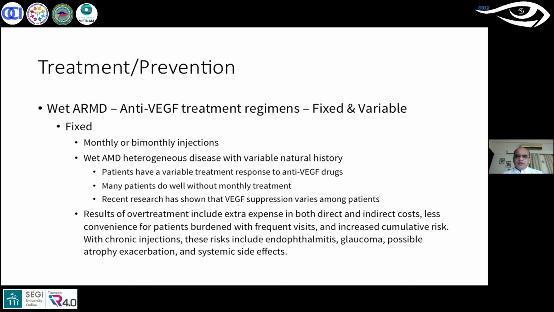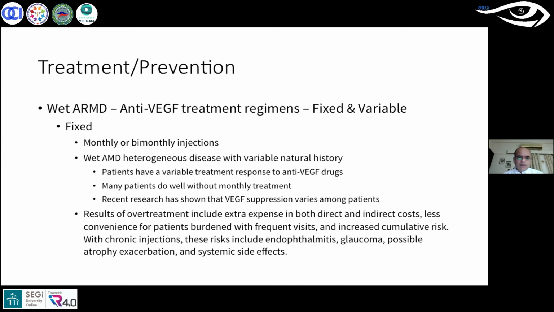Now, the problems with over-treatment include obviously the extra expense, both in direct and indirect costs. There's less convenience for patients, burdened with frequent visits, with an increased risk. With chronic injections, this could be endophthalmitis, glaucoma, and also exacerbation of the retinal atrophy, as well as systemic side effects, which are known to occur in some patients with renal issues or with myocardial infarction or stroke.